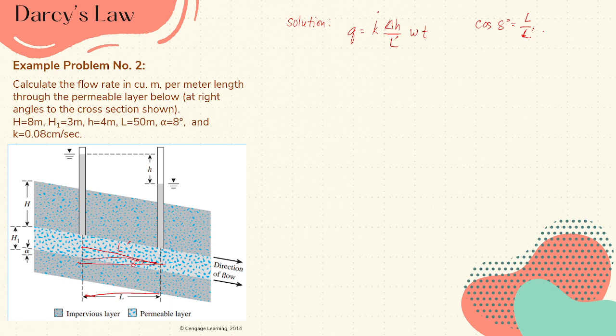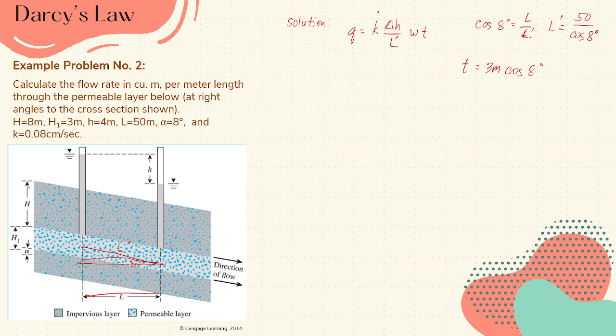And our L prime is equal to 50 all over cosine 8 degrees. And the width is 1 meter, while for the thickness T, this is equal to 3 meters times cosine 8 degrees, same as the previous problem.